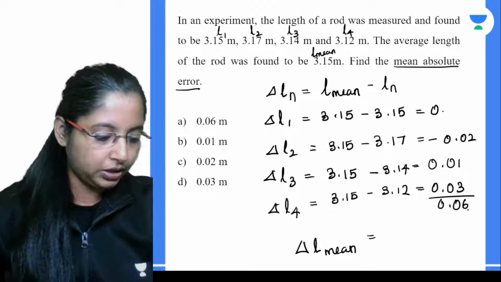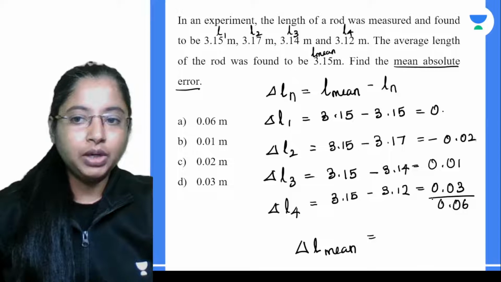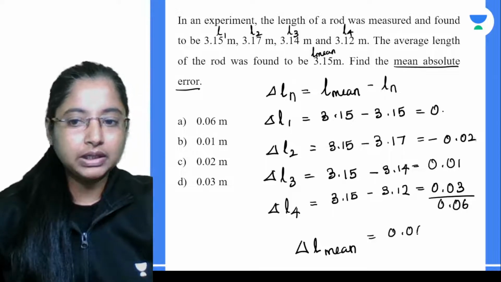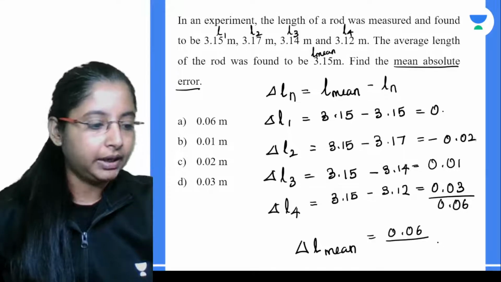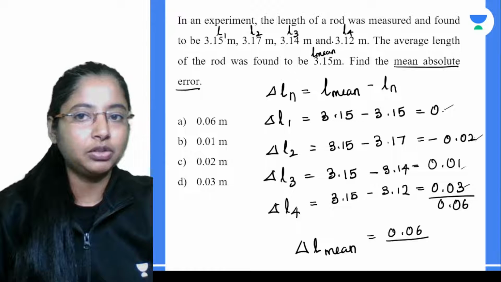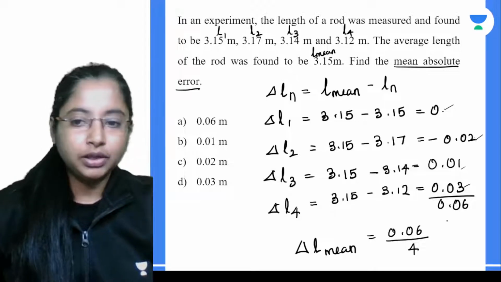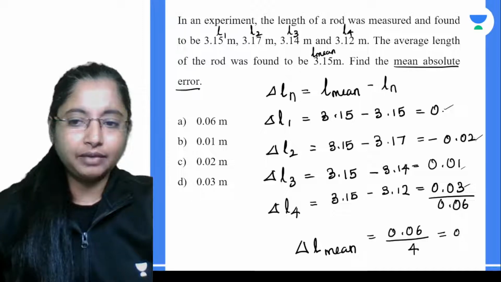Akshay, you got 0.06 correct up to that point. Now we have 0.06 divided by, how many readings were there? 1, 2, 3, 4. There are 4 readings in total, because we have done the measurement 4 times. So divide this by 4. If you divide this, you will get somewhere around 0.015 meters.